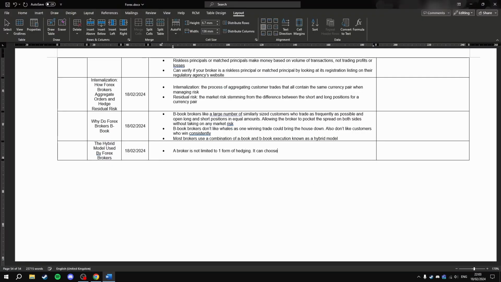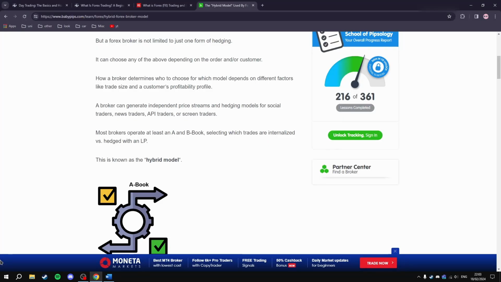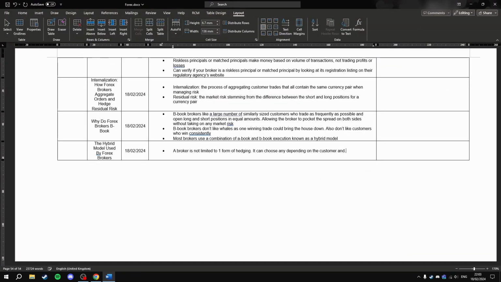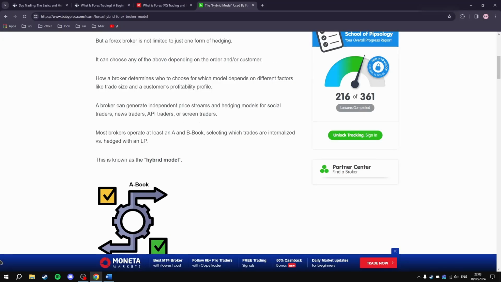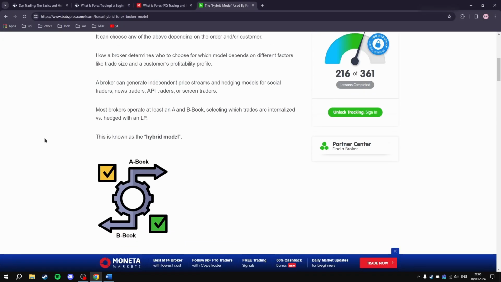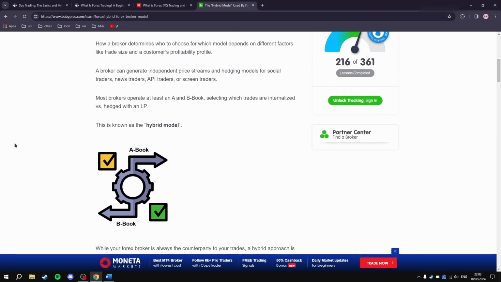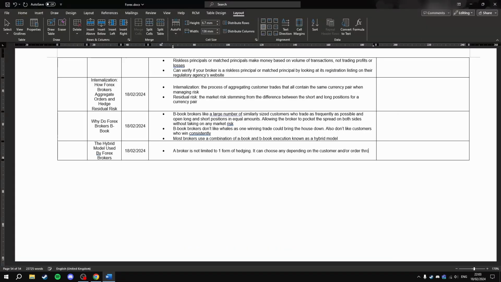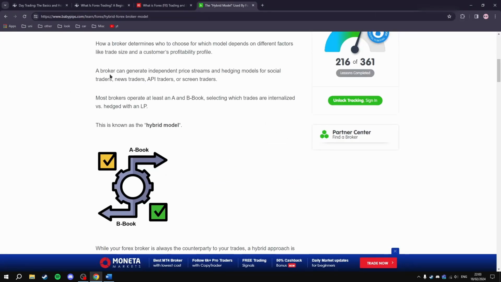It can choose any depending on the customer and or order, through the trade size and customer's profitability profile. A broker can generate independent price streams and hedging models for social traders, news traders, API traders, or screen traders.